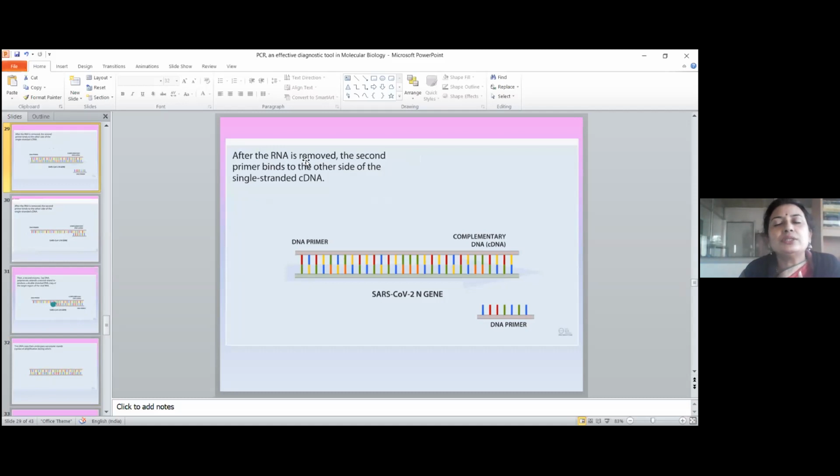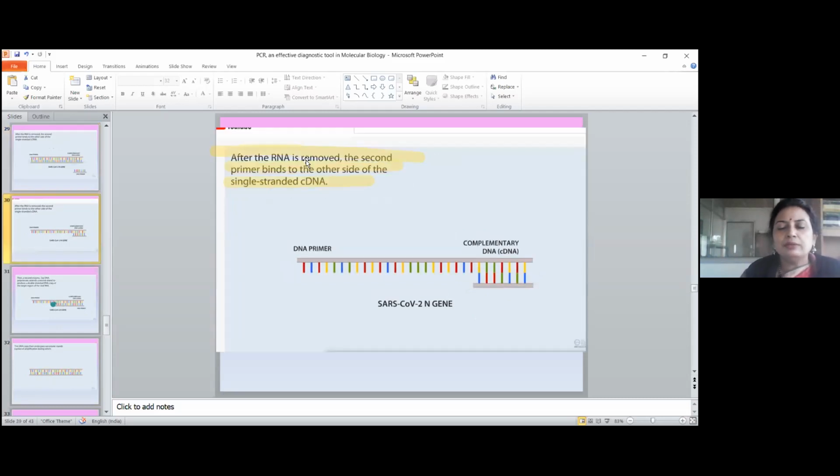Now the RNA is removed and the single-stranded complementary DNA is converted into double-stranded DNA by a DNA polymerase enzyme, right? Which polymerase will come into action? The Taq polymerase enzyme.